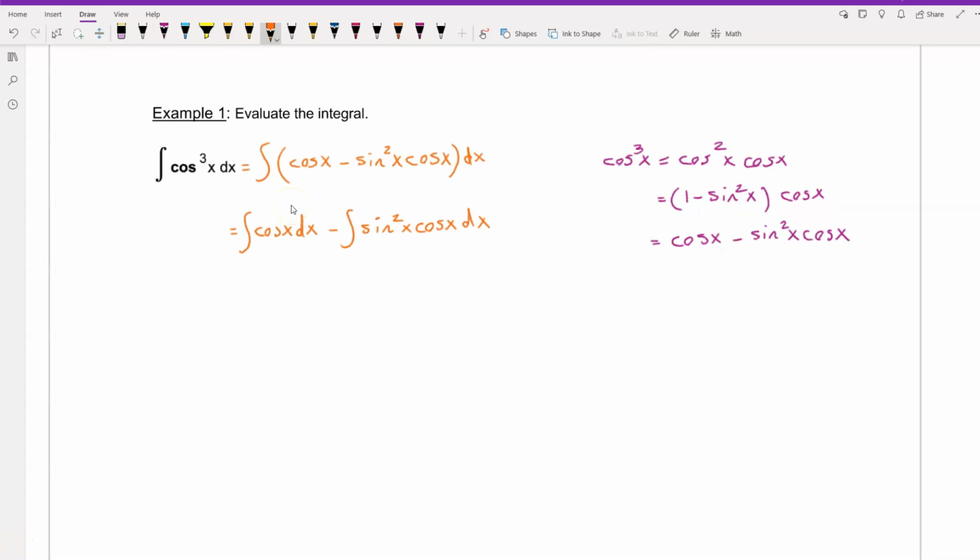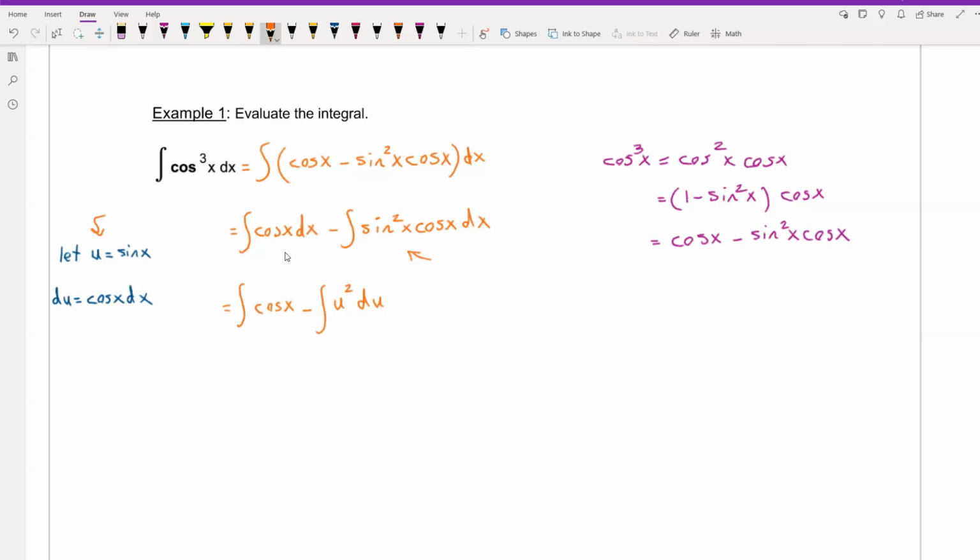So our integral is equal to the integral of cosine x minus sine squared x cosine x times dx. That is equal to the integral of the first term, cosine, minus the integral of the second term, sine squared cosine. Based on what we have here, let u equal sine x and du equal cosine x times dx, since the derivative of sine is cosine.